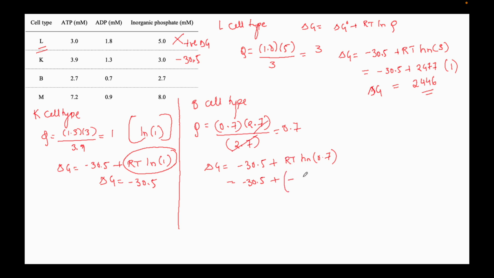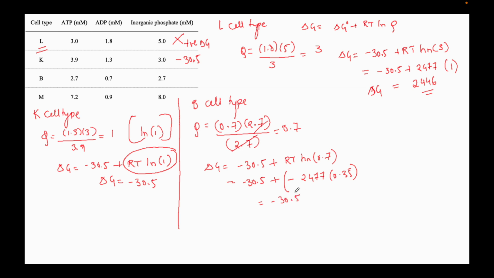So this will be minus RT, which is around 2477, and the natural log of something 0 point something will always be negative. These are a few things you should know. The natural log of 0.7 is minus 0.35. I'm bringing this minus outside.